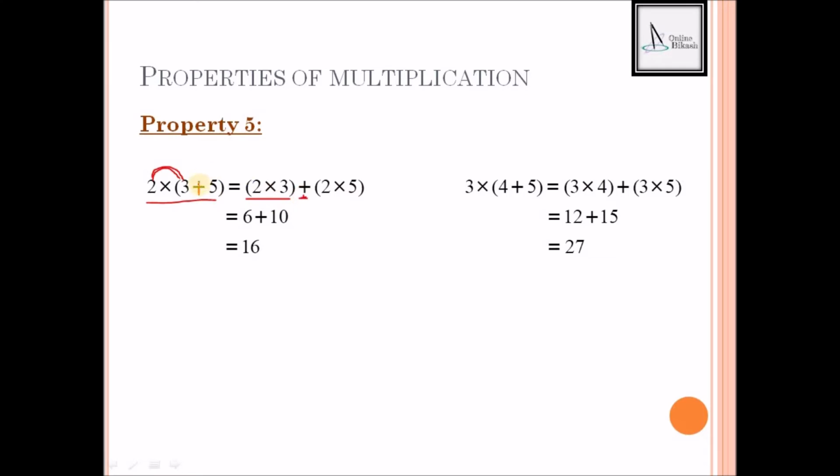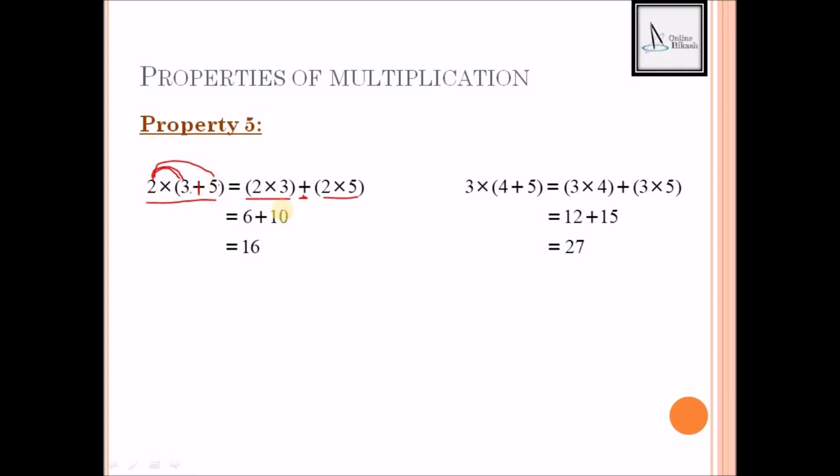Now this 2 will be multiplied again with 5, that is 2 into 5. So meaning to say, this 2 has been distributed between this 3 and 5. 2 into 3 plus 2 into 5. You see, 2 into 3 plus 2 into 5.